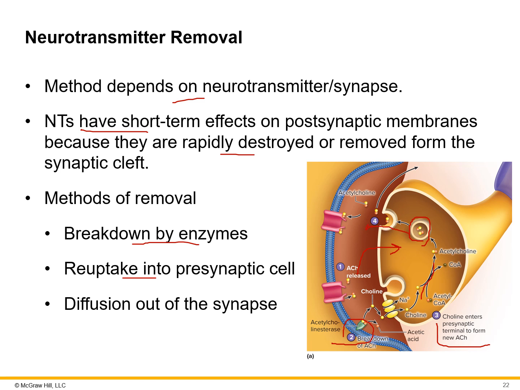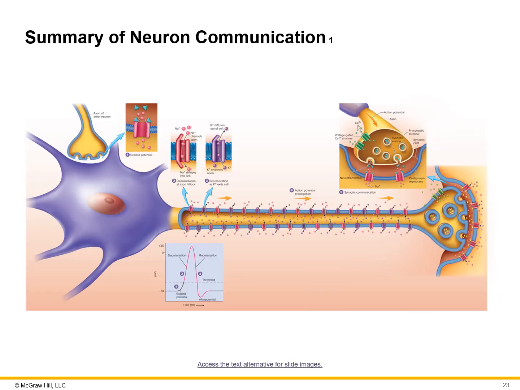So it's a way of recycling the neurotransmitters. And then the third way is that it can diffuse away. So it just moves out of the synapse and around other cells. So some neurotransmitters go through all three of these. They all go through diffusion, but some have reuptake, some don't, some have enzymes, some don't. Again, just understand the general ways of removing them.